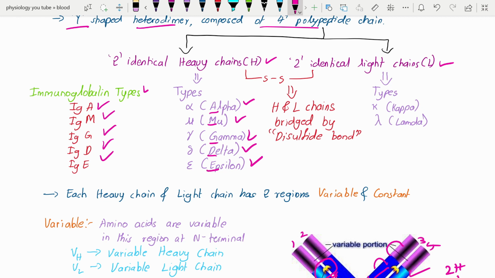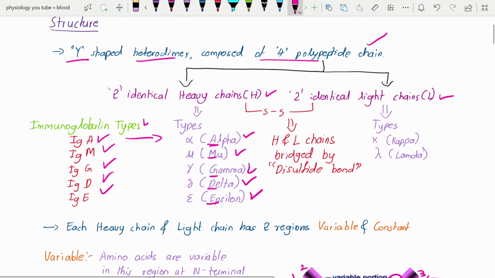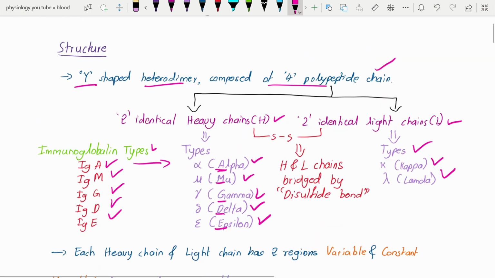So you can see IgA, alpha. The first alphabet is alpha, sorry, A. And then the light chains are divided into two different types, kappa and lambda.